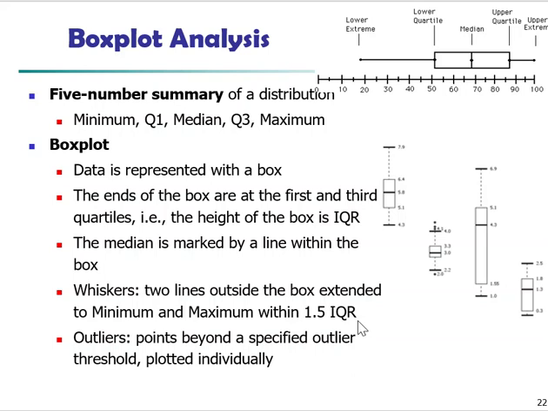Earlier we mentioned that outside of 1.5 IQR, greater than or lower than 1.5 IQR, we would consider them to be outliers. So here the whisker extends to the minimum and maximum value that are not considered outliers. And if they're outliers, they're going to be depicted outside, either above or below those whiskers.